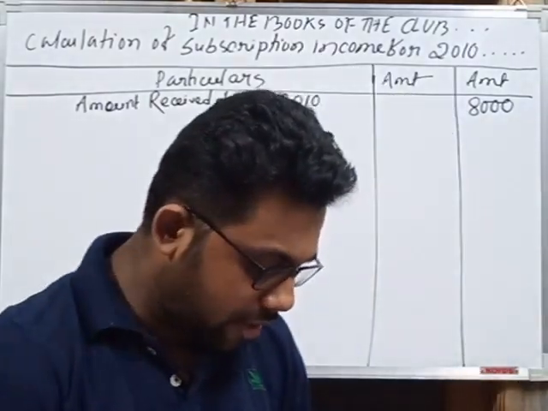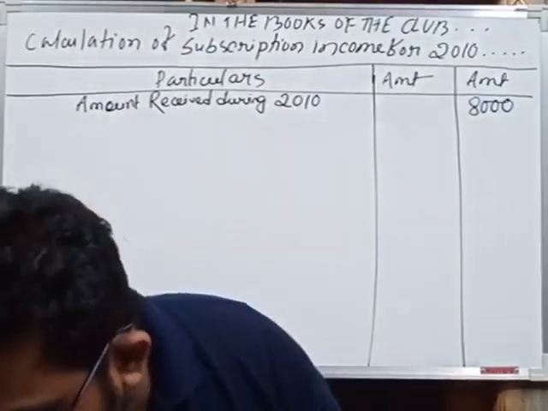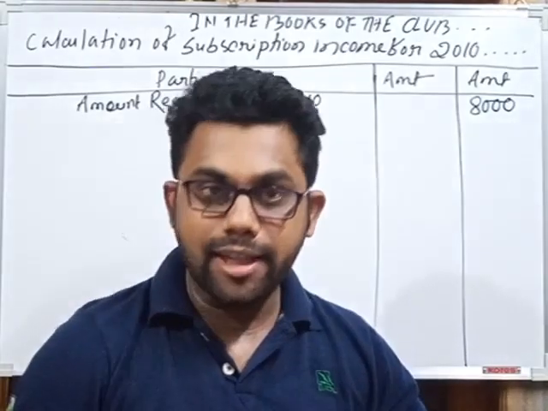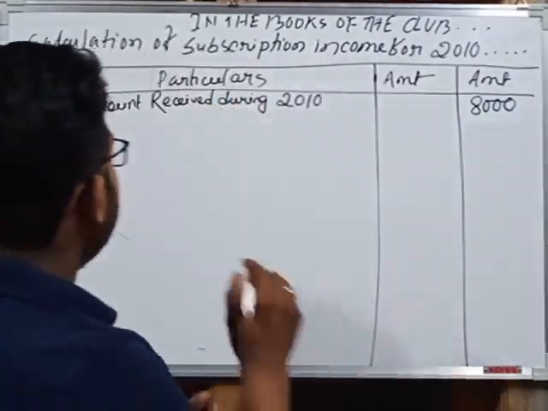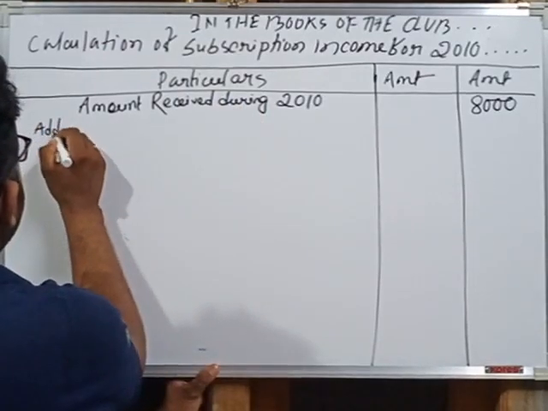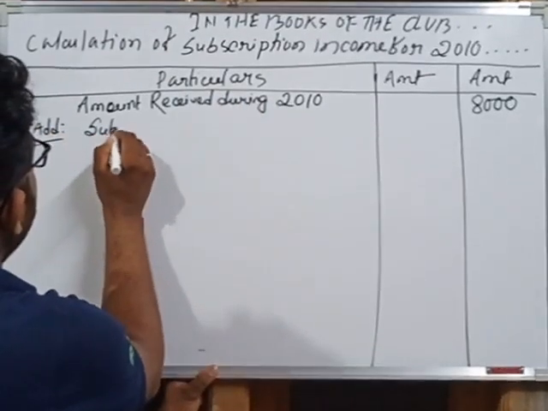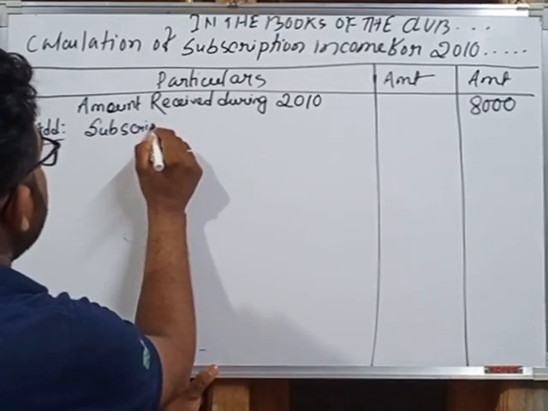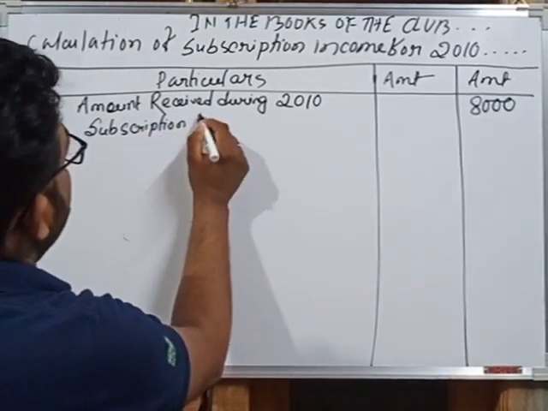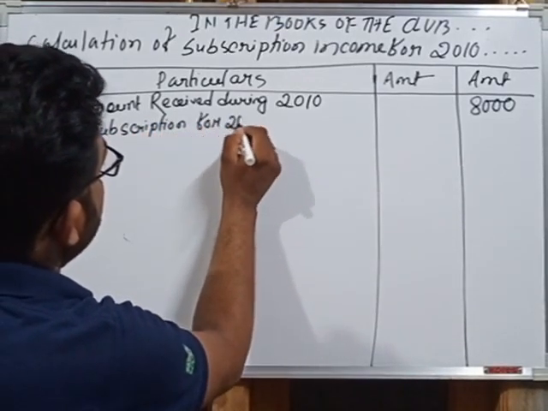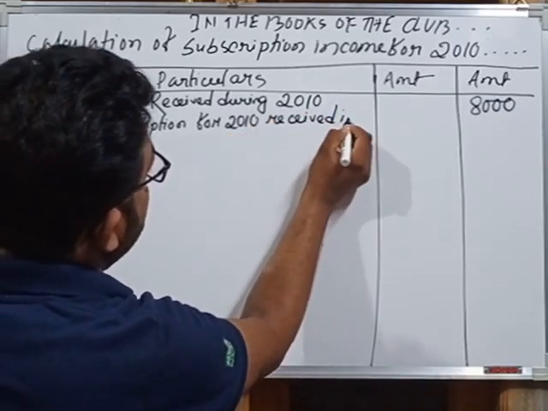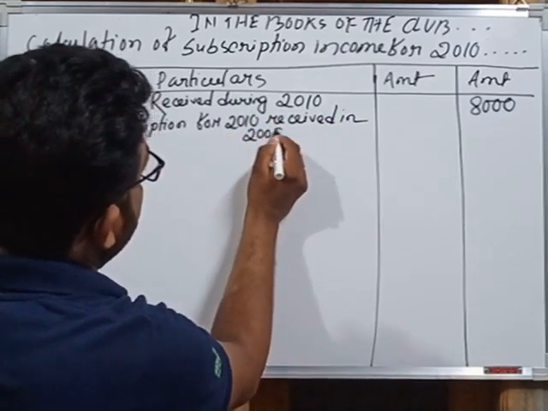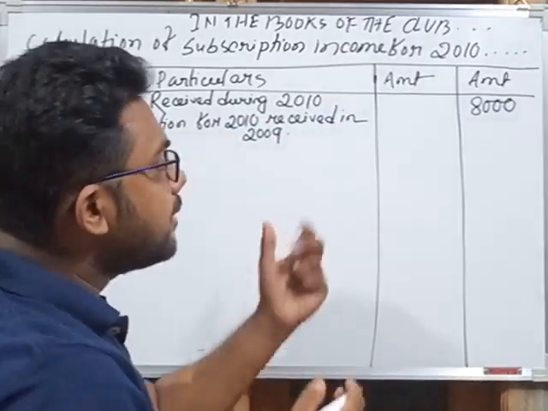So then what is the first information? Subscription relating to the year 2010, that means for the 2010 current year received in the previous year. So we have to add that item. Add subscription for 2010 received in 2009. Why do we add that item?